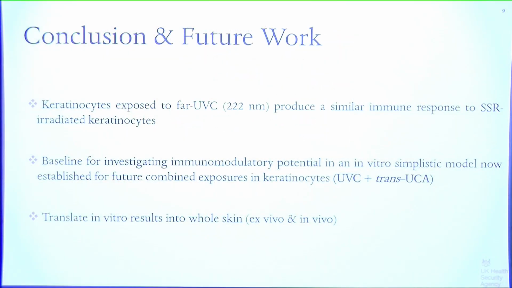So to conclude, as I just said, the UVC-exposed keratinocytes produce a very similar immunological response to the solar-irradiated keratinocytes. What I will say is, with the solar-irradiated keratinocytes with the cytokine arrays, you do see a lot more upregulation compared to the UVC-exposed keratinocytes.